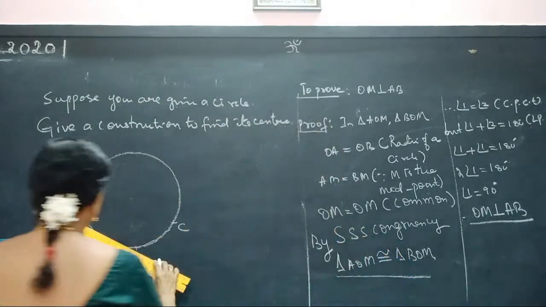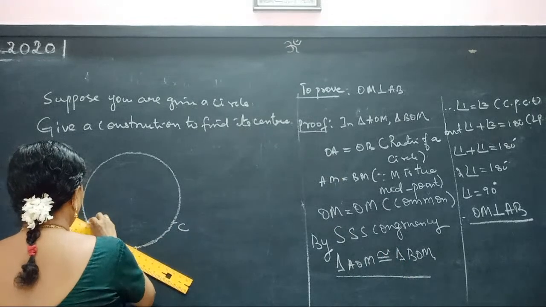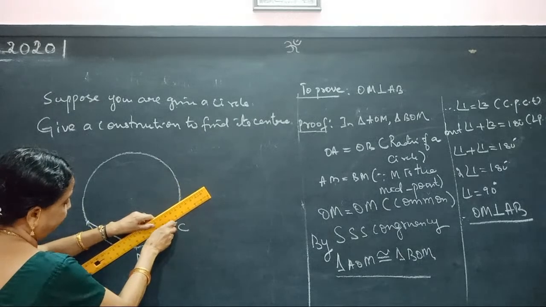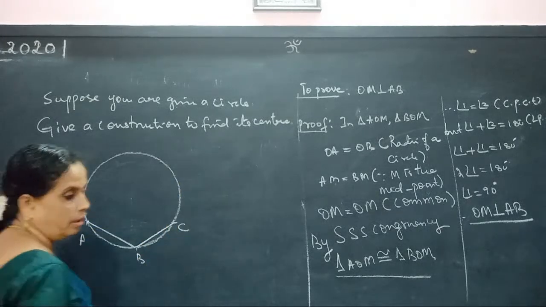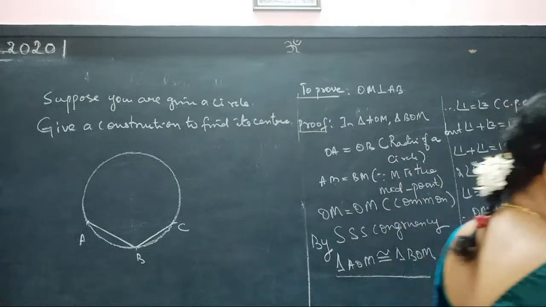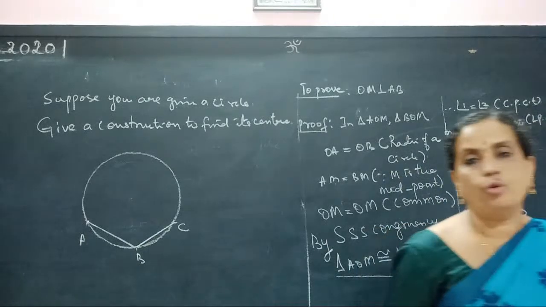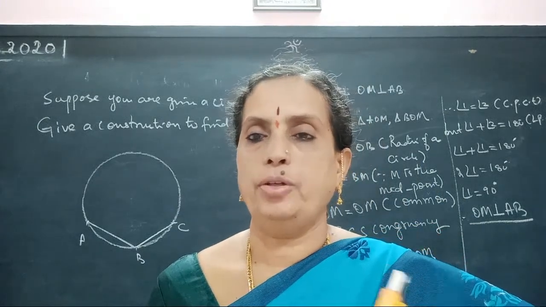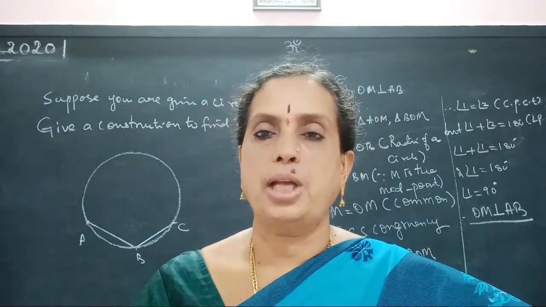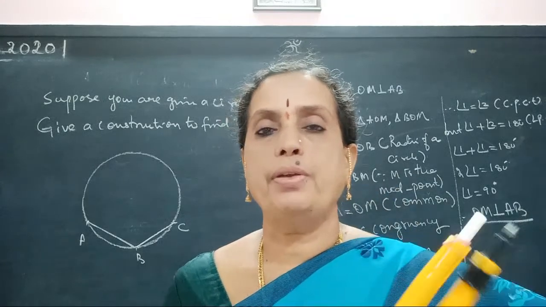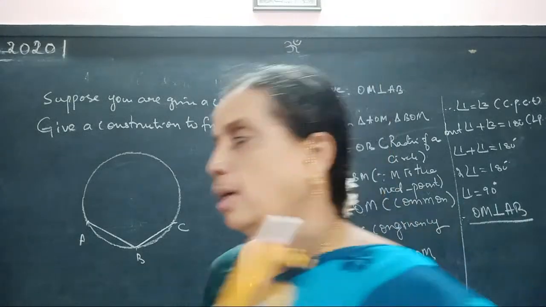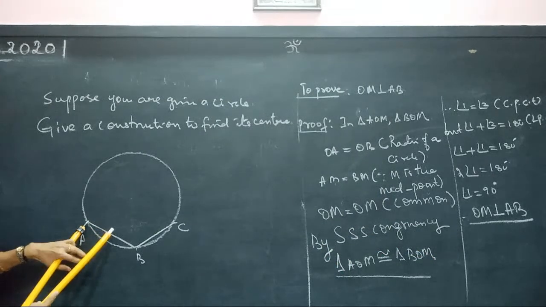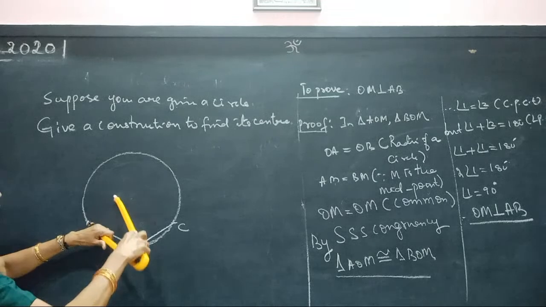Now join AB and BC. So you know how to construct the perpendicular bisector. You already did it in the construction chapter. Make use of your compass and construct the perpendicular bisector to AB as well as BC.